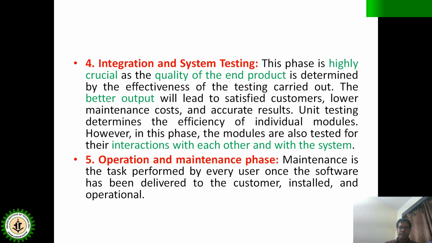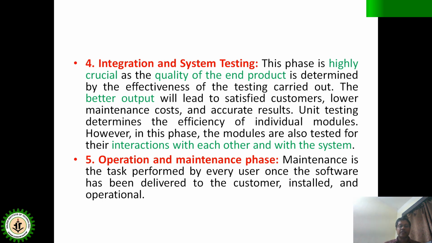For example, if I want to debit some amount from the ATM machine, it will always check whether the amount that I want to withdraw is available in my account or not. So there is interdependency between the modules. This kind of testing happens in any software development and is called integration and system testing.